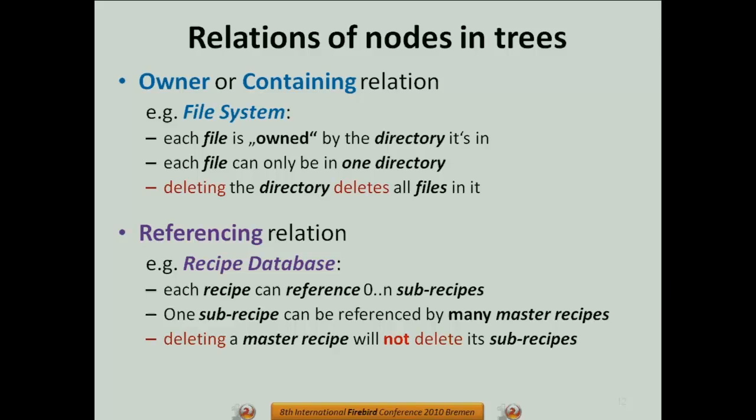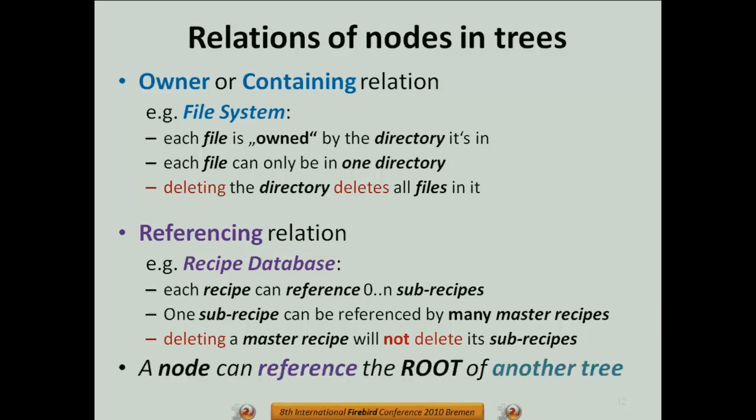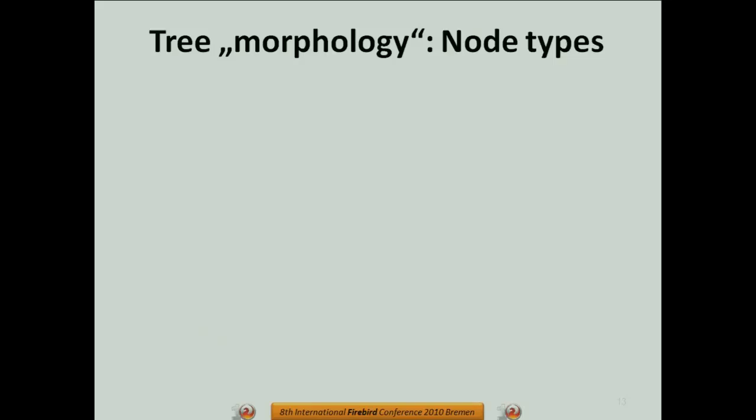And obviously, when you delete one of your master recipes, you don't want to delete all the sub-recipes, because otherwise they would be gone in the other master recipes as well. So that's just a different kind of owning relationship. So basically, this means that a node in one tree can be a link to the root node in another tree, but still you want to traverse the whole thing. We'll see that later.